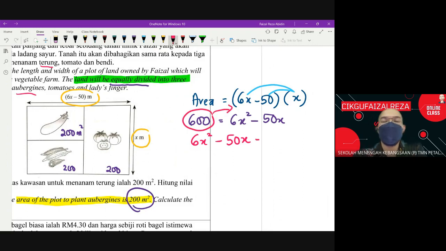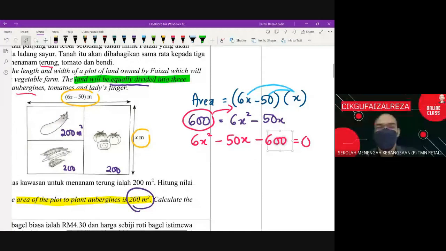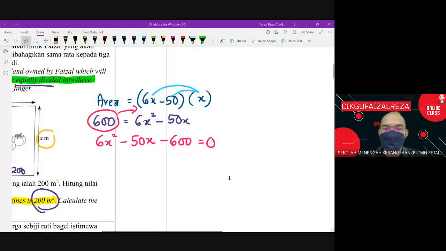So I'm going to get negative 600, isn't it? Equals 0. What did we have over here, class? Did you remember? Okay, so I'm going to find my x, isn't it?